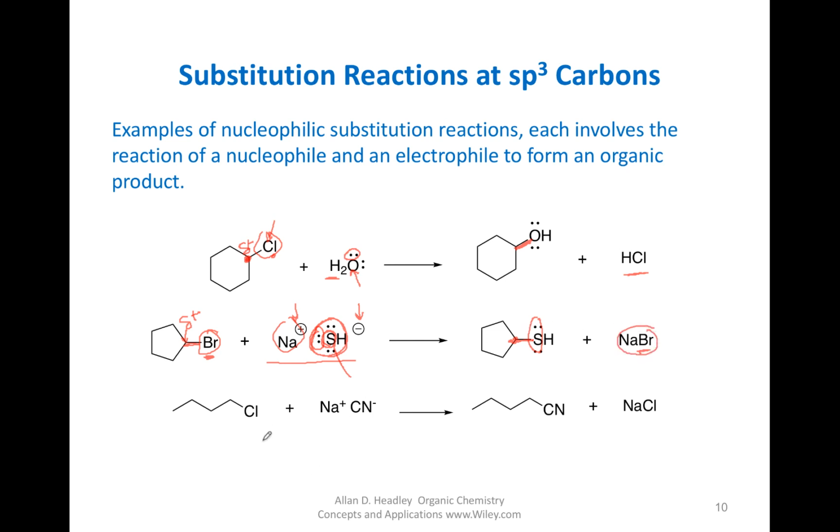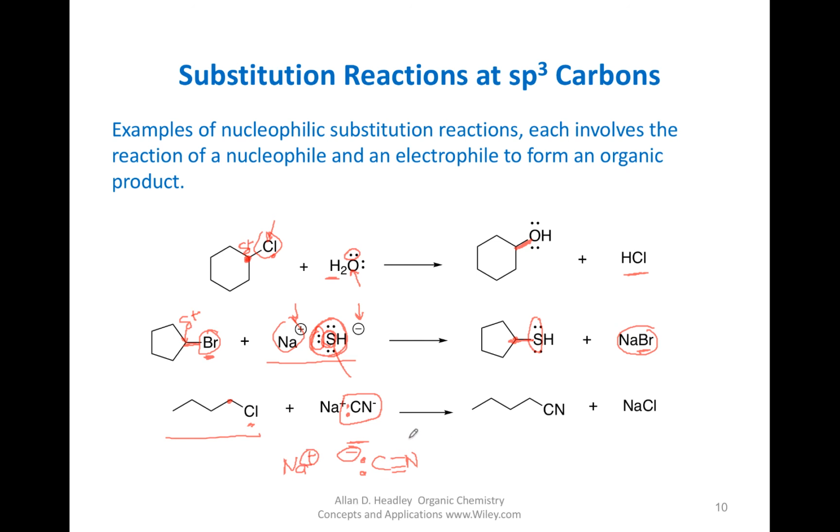Last example. Look at this molecule. I'll just point out the highlights here. Here is our electrophilic atom. Here's our leaving group. Here is our nucleophile. Written a little tricky here because it has an unshared pair of electrons bonded to the carbon of the cyano group. It's actually C triple bond N, electrons, negative, and of course Na plus. So it's ionic.